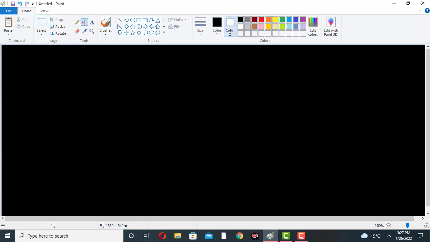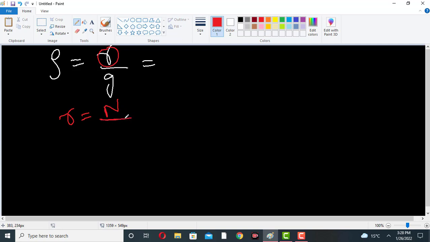Now, from the above discussion we know that gamma, the specific weight, is the force exerted on the fluid by gravity, so the force exerted on unit volume of the fluid is gamma or specific weight.